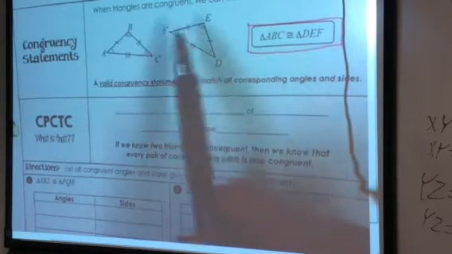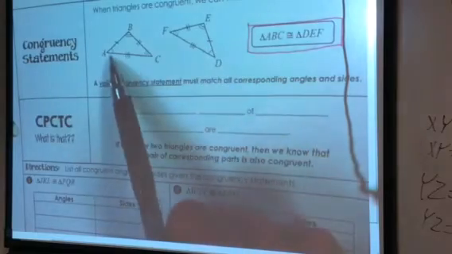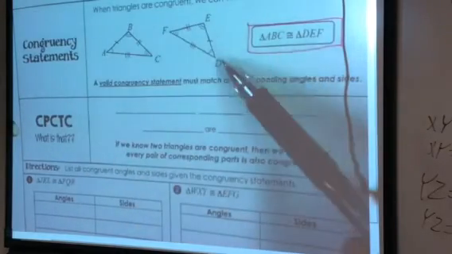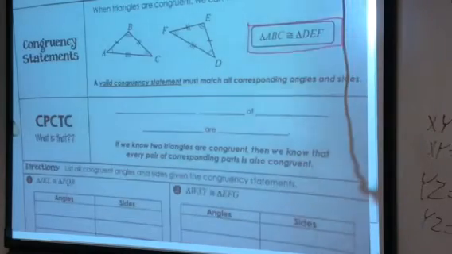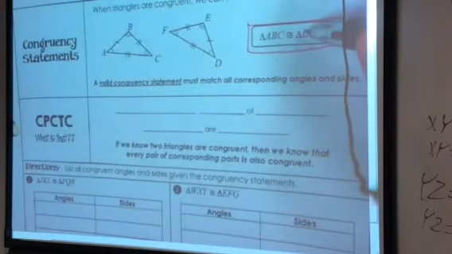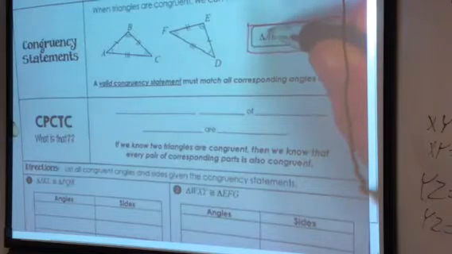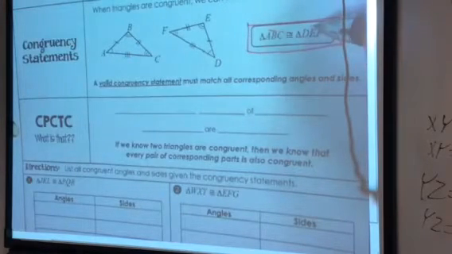The picture is not always in order, and you can tell by this because this triangle's kind of been flipped around to make DEF, right? And the same thing for the sides. Remember, a side is 2 letters. The first 2 letters have to equal the first 2 letters of the second triangle. So the side AB has to be the same as the side DE.